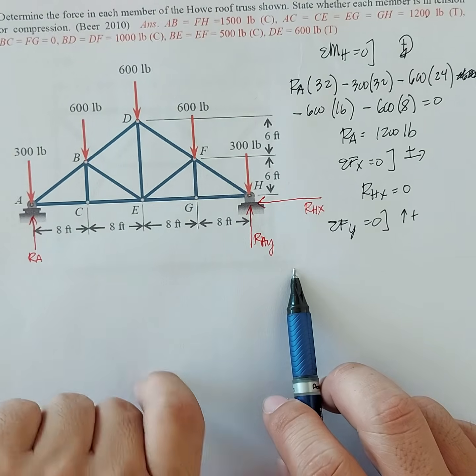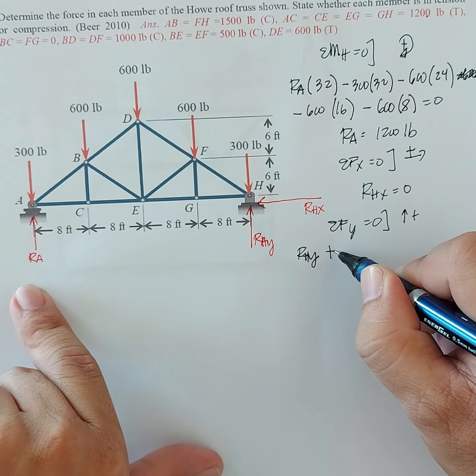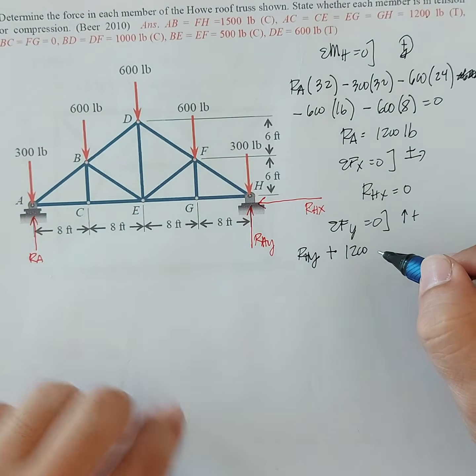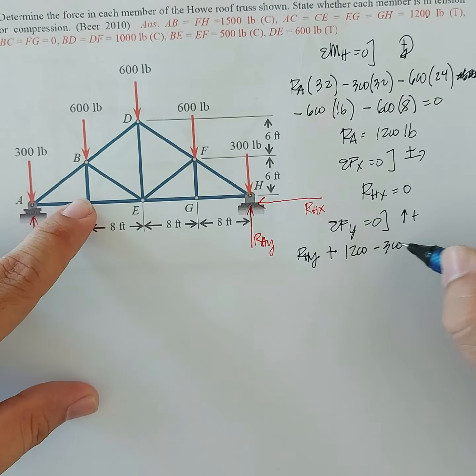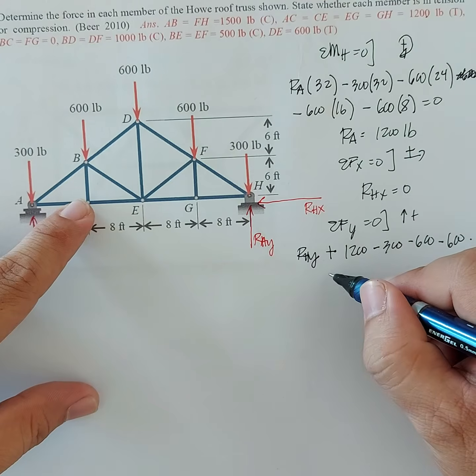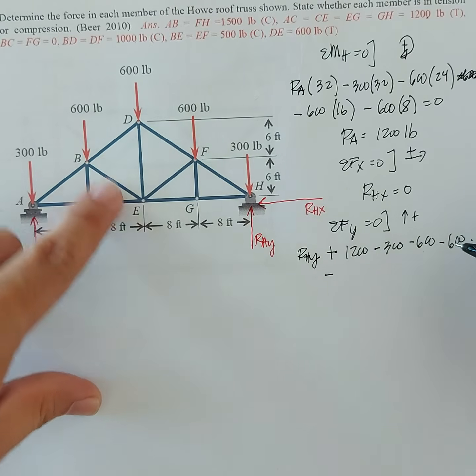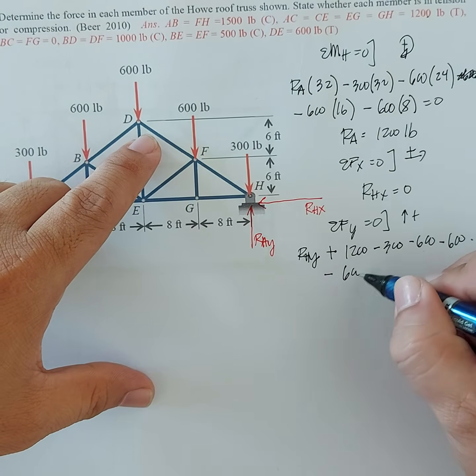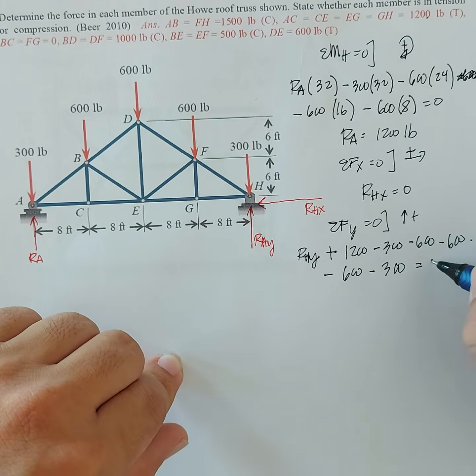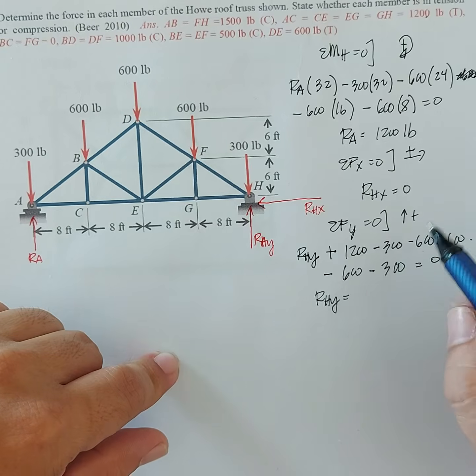So we have RHY upwards plus RA, which is 1,200 pounds, minus all of these, since they are all downwards: minus 300, minus 600, minus 600, minus 600, minus 300, equals 0. So RHY is equal to 1,200 pounds.